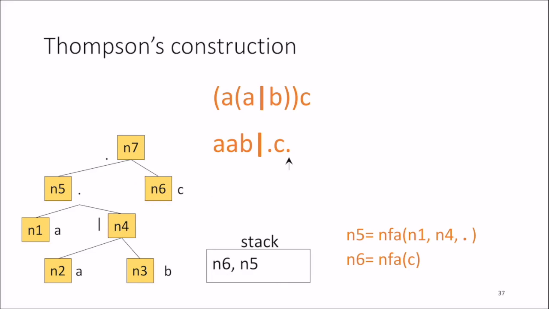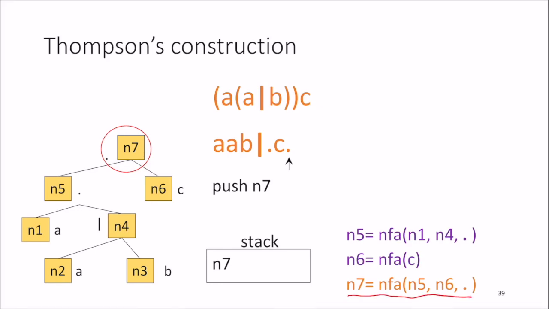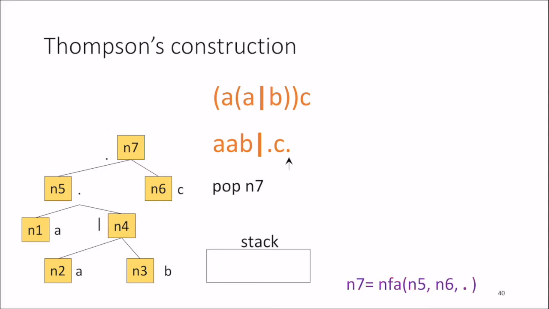And then the last operator we have in this postfix traversal of the tree is the concatenation between N5 and N6. So we pop out the two elements it needs from the stack, and we combine them using concatenation, which is done using one of those Thompson rules we saw before. Concatenation creates N7 and then pushes N7 onto the stack. Finally, there is no more input left, right?